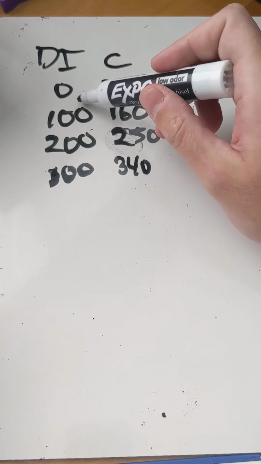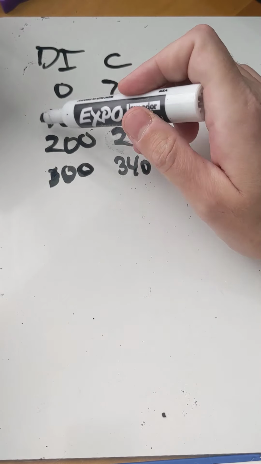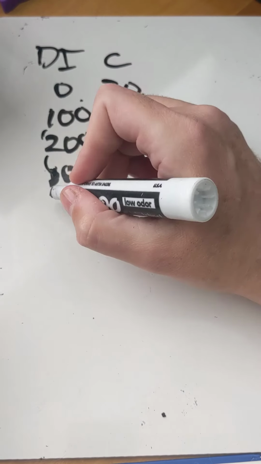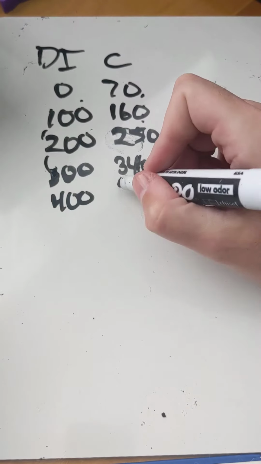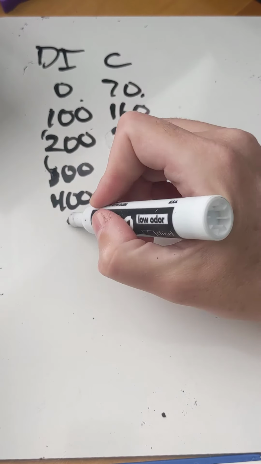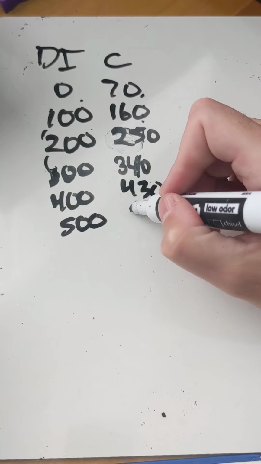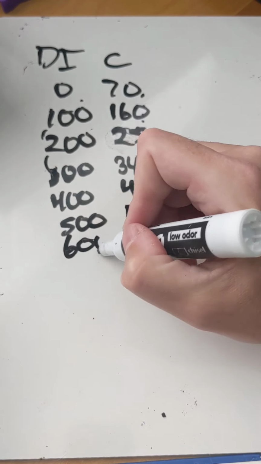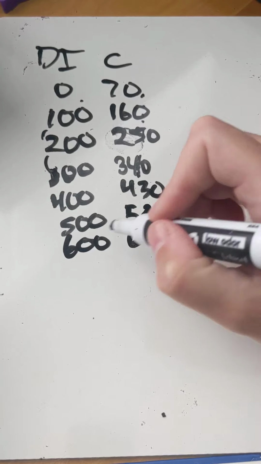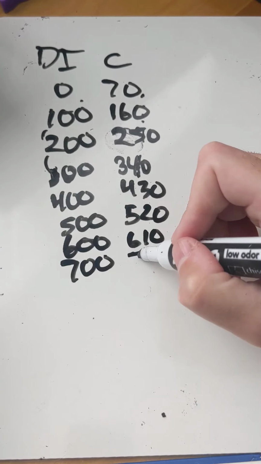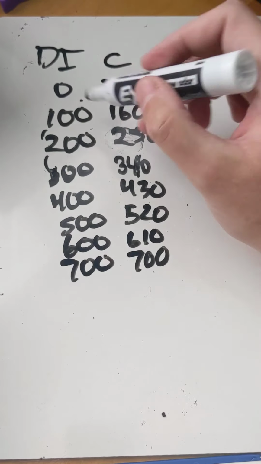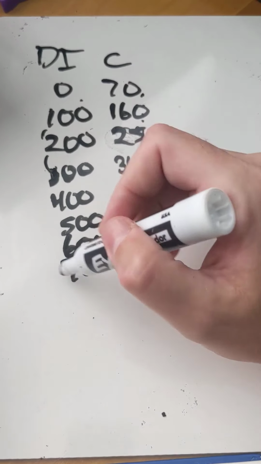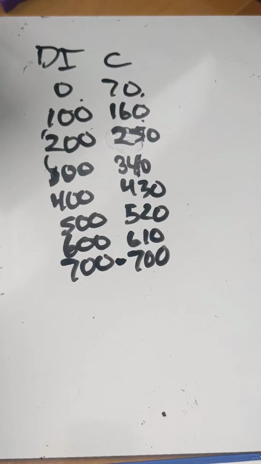In this instance, for every $100 that we go here, we're spending 90 of it. So this is going to be 400, 430, 500, 520, 600, 610, 700. And let me double check my math. MPC of 0.9, MPS of 0.1, multiplier of 10, 70 times 10 is 700. Yep, you're right. Okay. So there we go. That would be the break-even point.